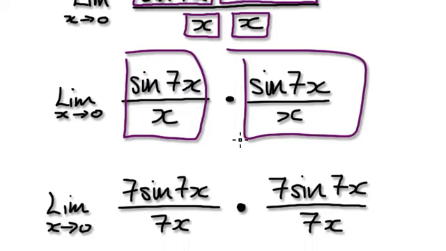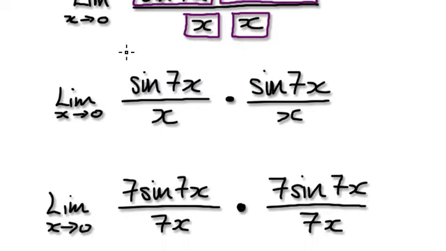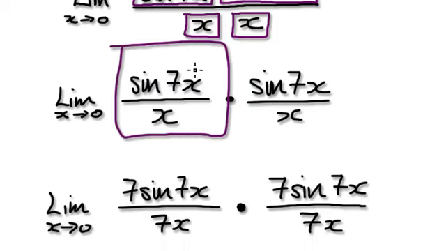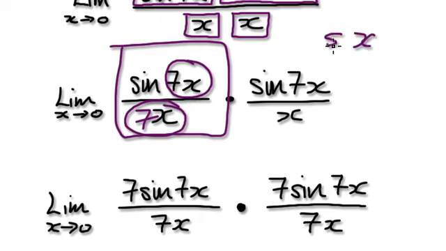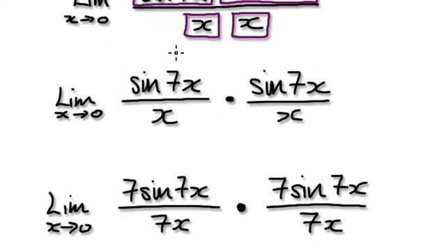Okay, and when you get to this stage, whenever you see something like this, try to get the two bubbles to be the same, and then you can use sine x over x. Okay, so here times top and bottom by 7.